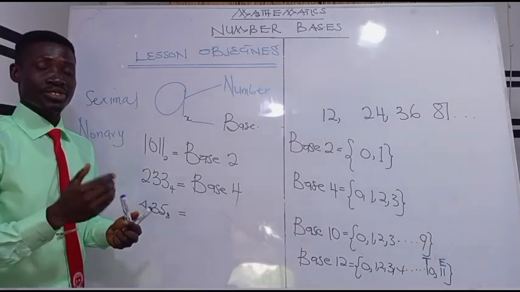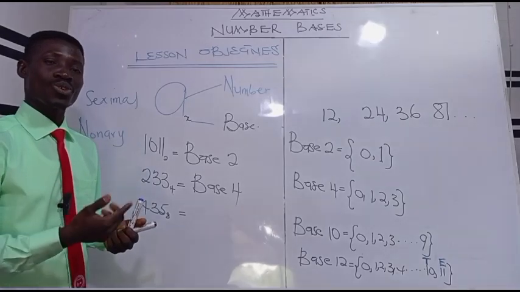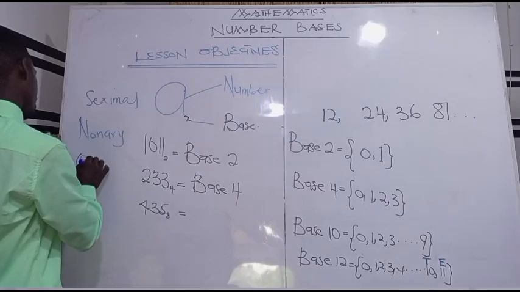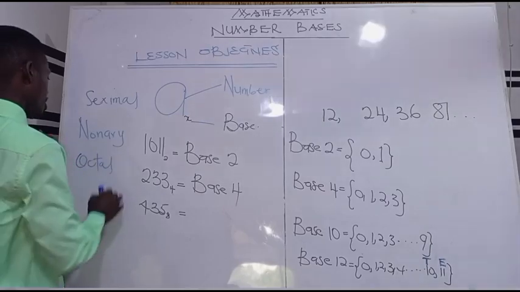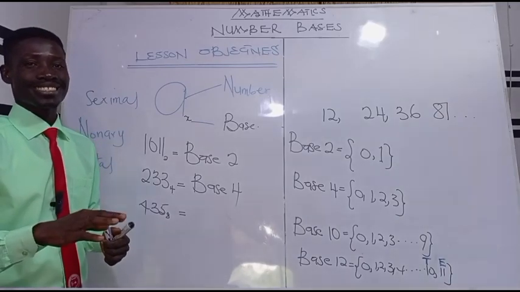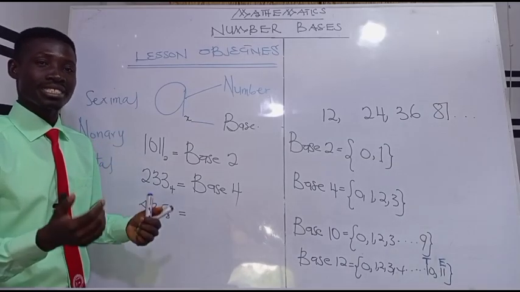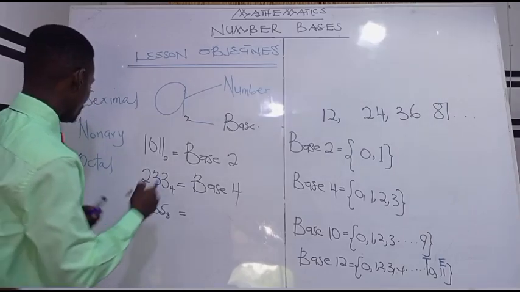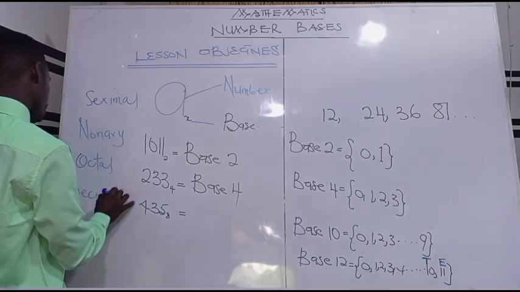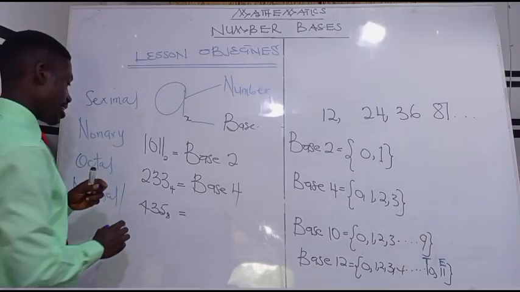A number that is also written in base 8 is called octal numeral. A number that is written in base 10, which is the common among all the number bases, is called a decimal numeral or a denary numeral.